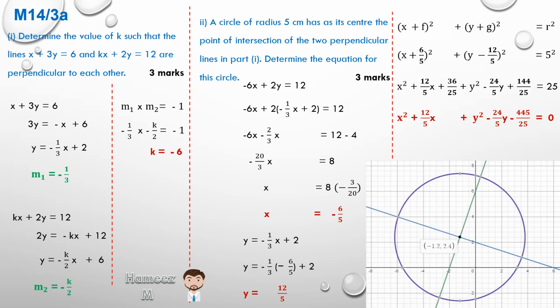And if we look at the sketch below, we can see the circle where its center is minus 6/5 or minus 1.2, where the y value is 12/5 or 2.4, and the radius is 5. And we have the lines x plus 3y is equal to 6 and kx plus 2y is equal to 12.